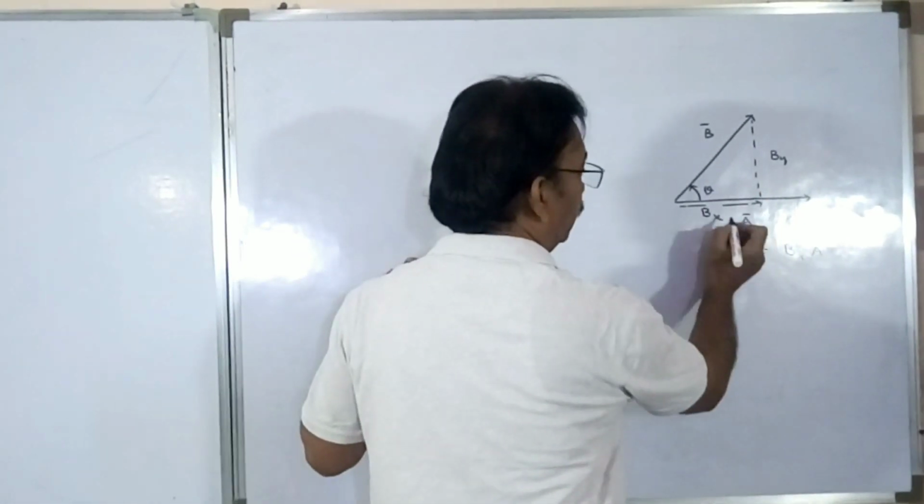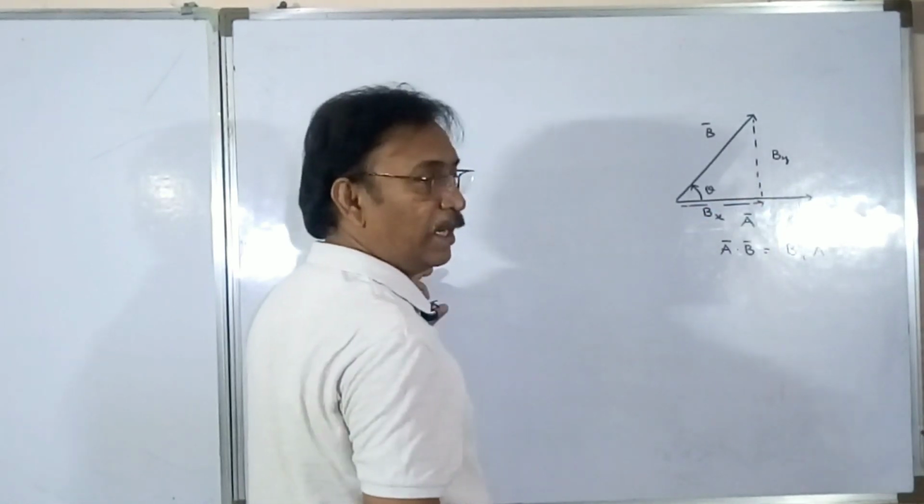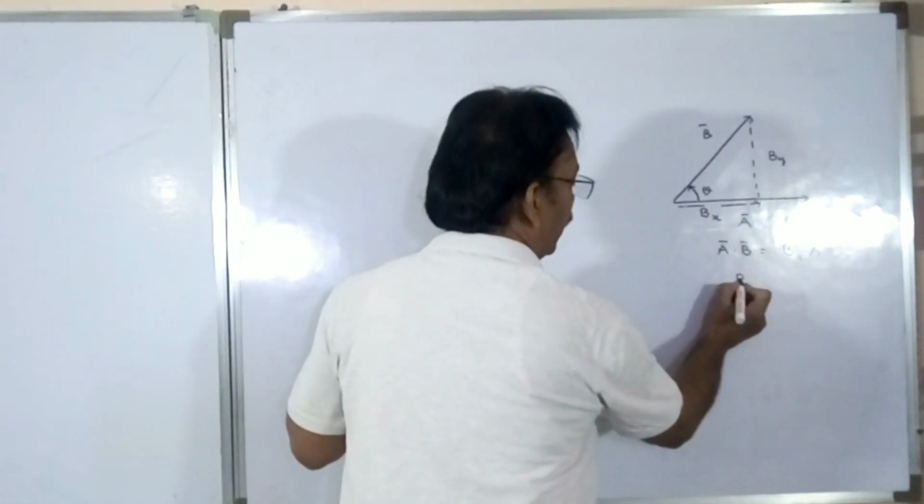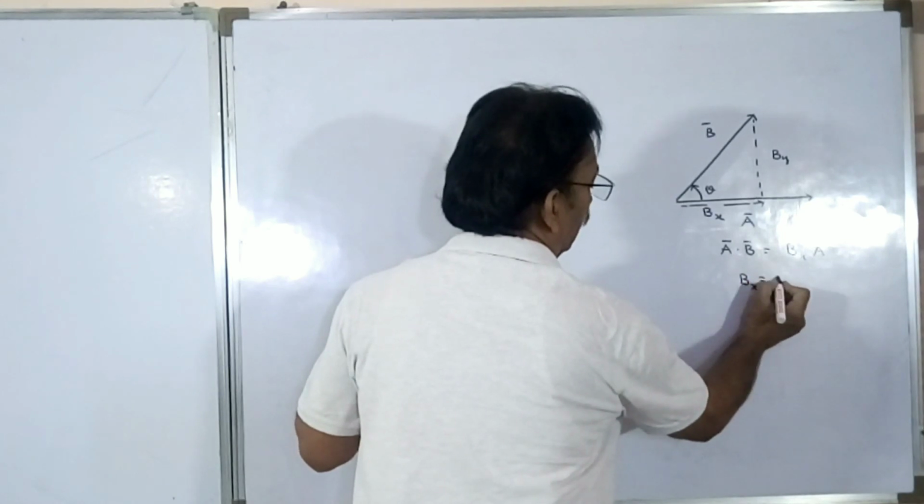By taking trigonometric ratios, bx can be written as b cos theta.